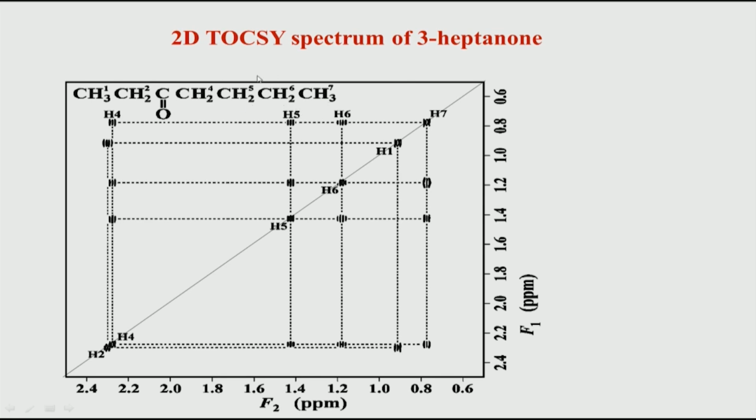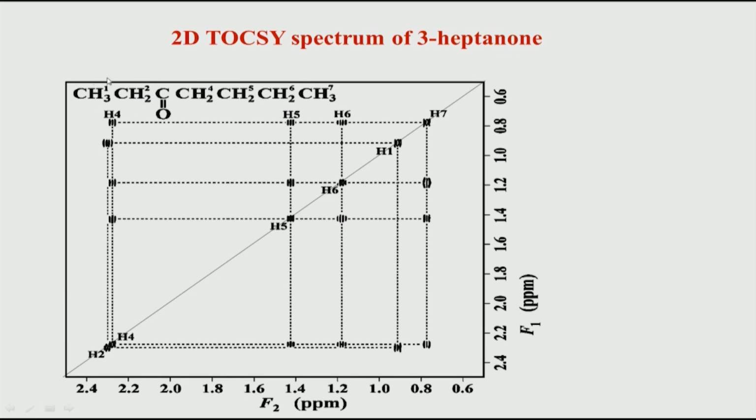So, in a TOCSY I would expect a 4 to 7 interaction, not directly but through the intermediates. But this is not going to be the case between 4 and 2, because, as we discussed in the last slide, there is an intermediate carbon which does not have any hydrogens. So, there is no direct coupling between 2 and 4, and therefore indirect coupling is also not possible, because there is no hydrogen here which will carry the magnetization from 2 to 4. So, there is a break here.